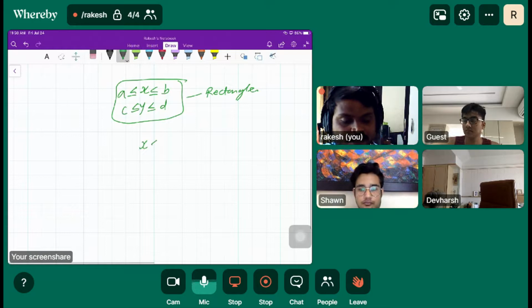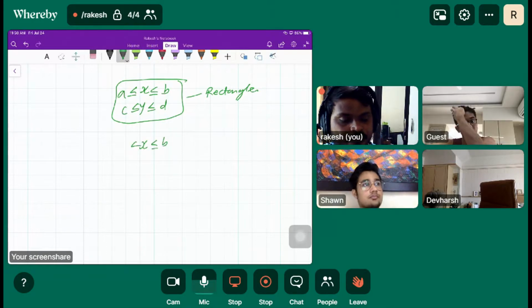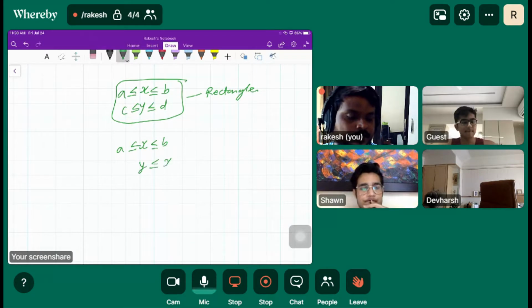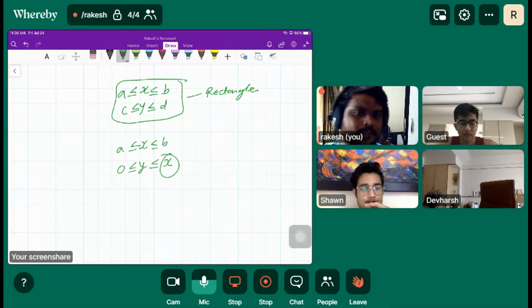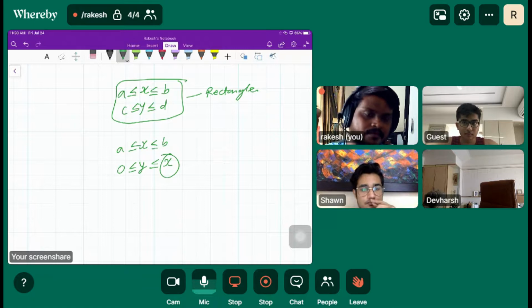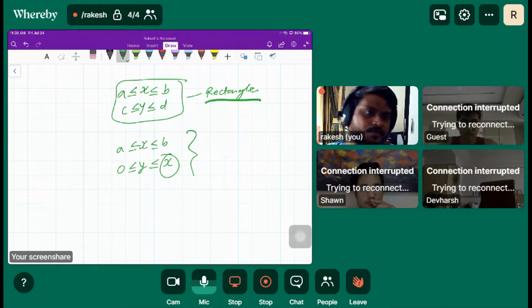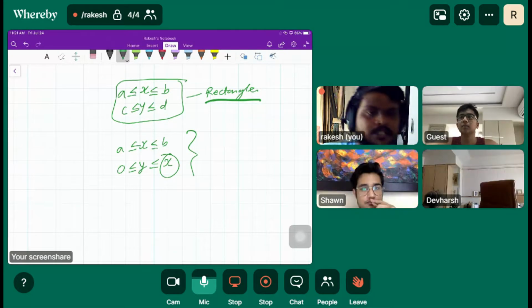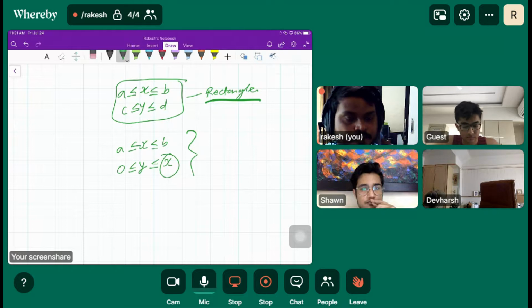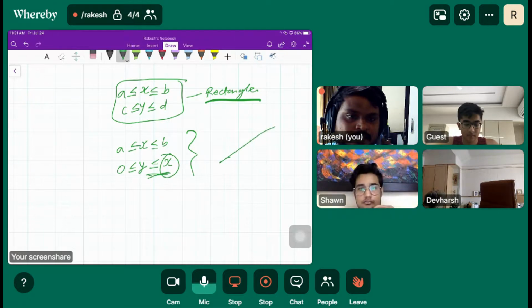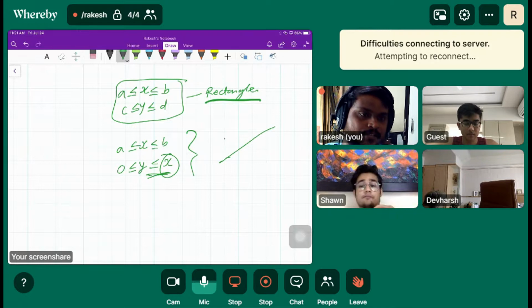If suppose x is bound between some constant values, but y is bound between some function, here the function is y is equal to x. We have done a lot of questions like this while discussing double integrals. This would not be a rectangle anymore because y is equal to x is some line, so it will be like a triangle or something else.